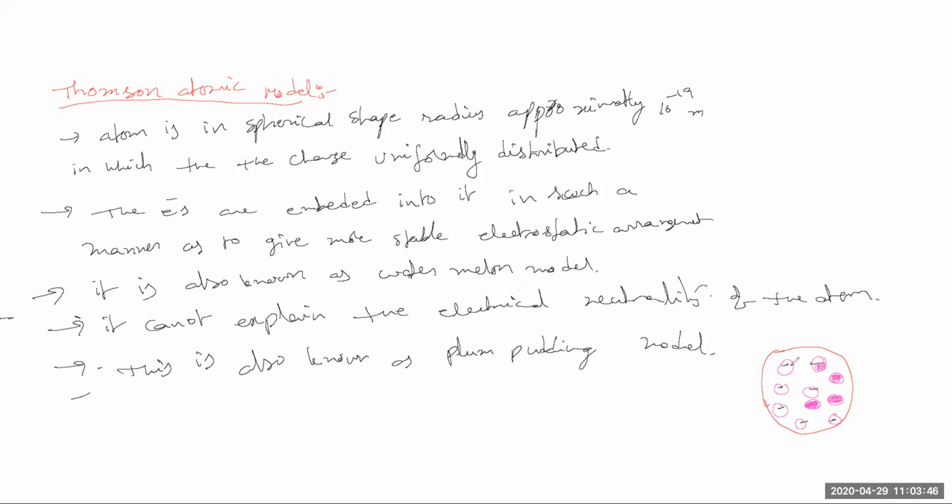Try to understand this clearly. So what's the fourth point? The atom is a spherical shape, radius approximately 10 power minus 19 meters. I'm sorry, 10 power minus 10 only, not 19.